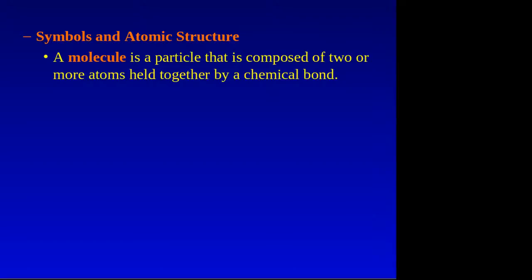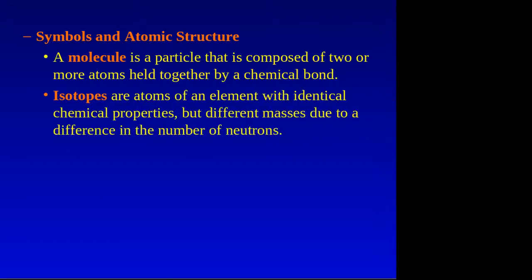So if we have a molecule, it's composed of 2 or more atoms held together by a chemical bond. Some chemical property is going to bind these things together. And so a molecule is 2 or more atoms held by a chemical bond.